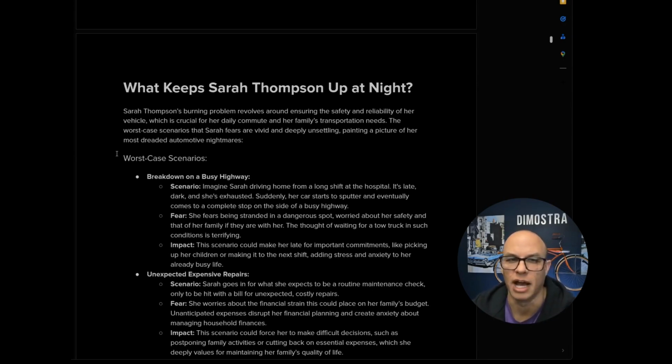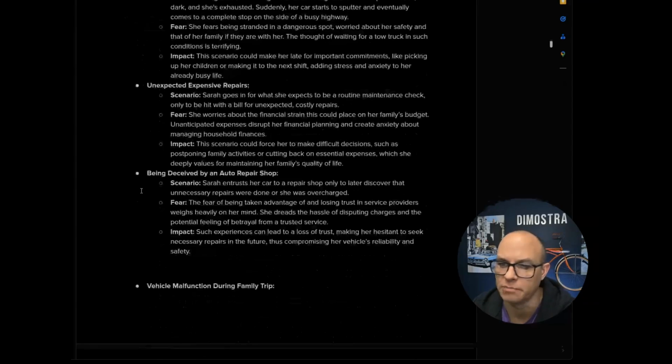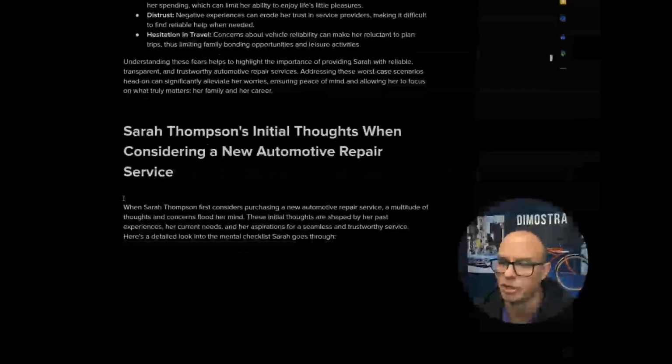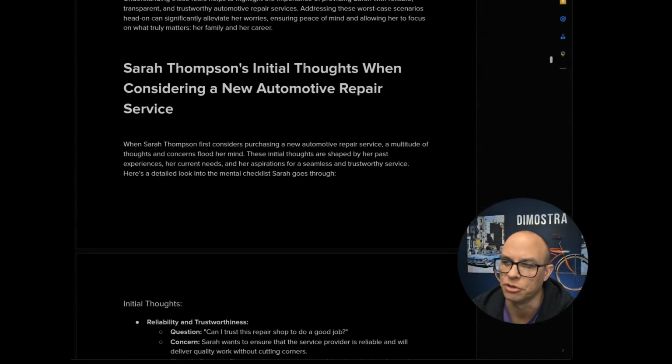We detail out items like what keeps them up at night, pretty important for an automotive repair service. Some initial thoughts when considering a new automotive repair service. So this is a great section when we're looking at updating a website, because typically people do a lot of research online before they make a decision, and they go to the website as a key place.